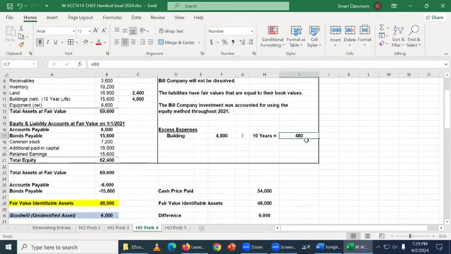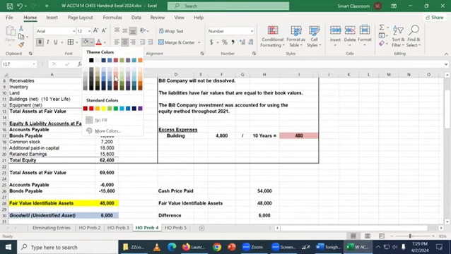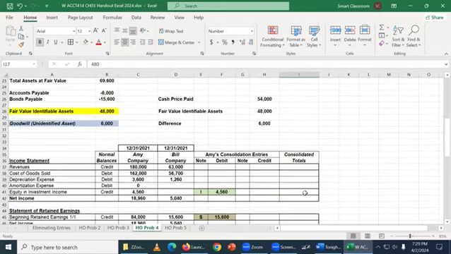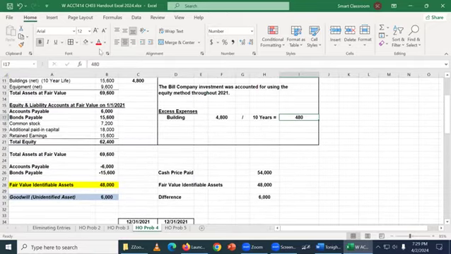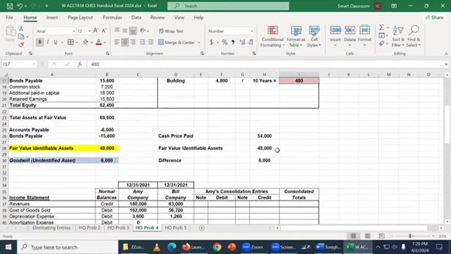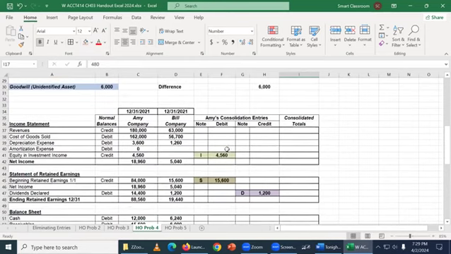Okay, so our excess assets, or expenses on the assets, I should say, will be, what do I use? We'll use red. Okay, so we're going to put the additional expenses in here.